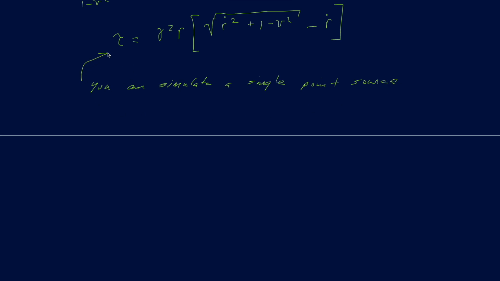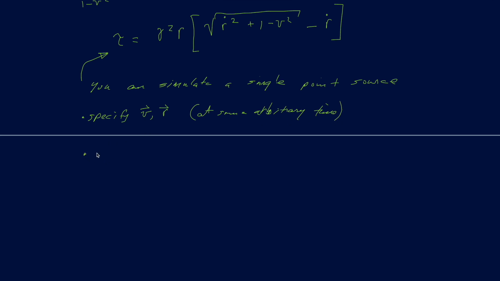You specify two things. You specify the velocity vector of the object in question, and you specify its position vector at a given time. So this is at some arbitrary time. Okay?